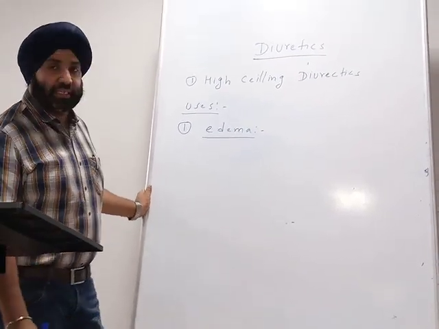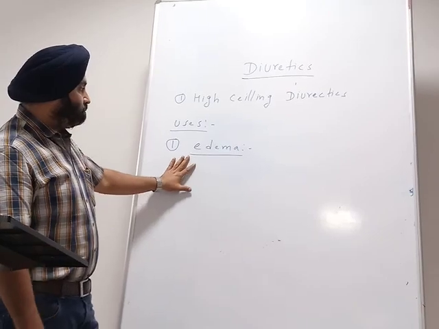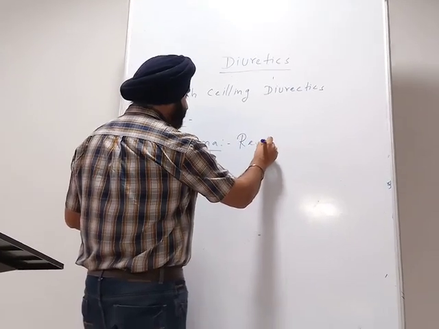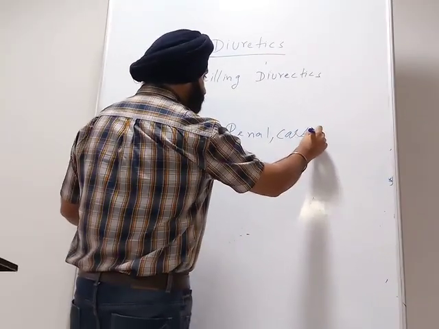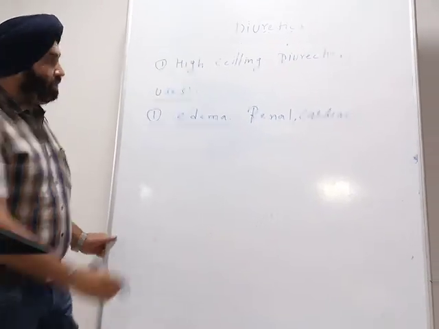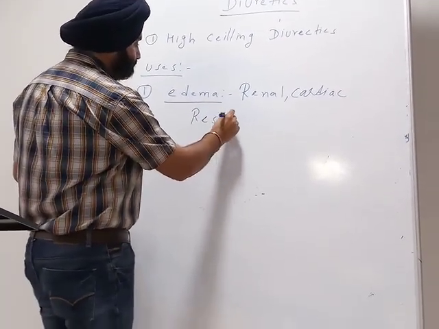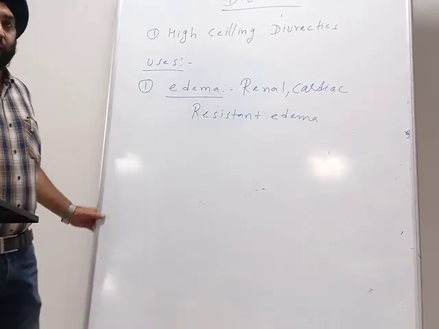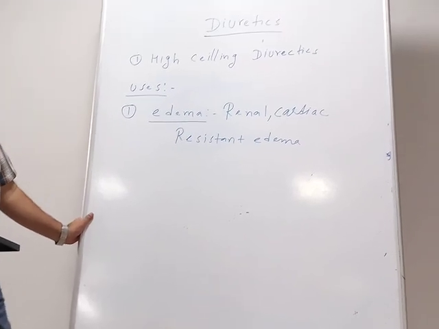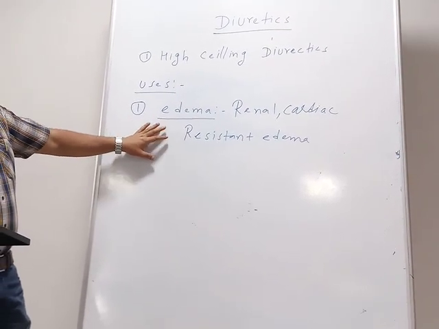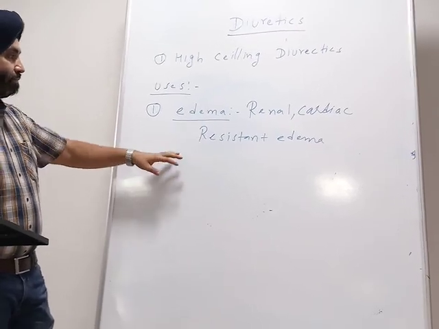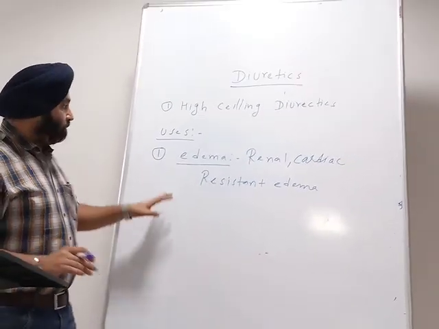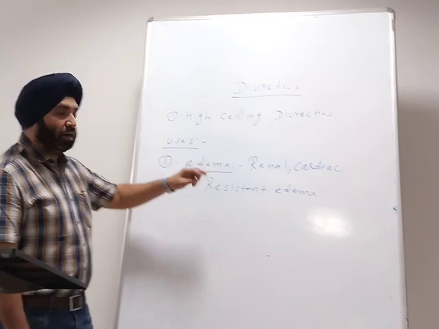As they decrease the blood volume, they are helpful in any kind of edema, whether renal or cardiac. Even in resistant edema and edema in the presence of renal failure, these are the only drugs which are helpful. So they decrease the volume and help in edema conditions.